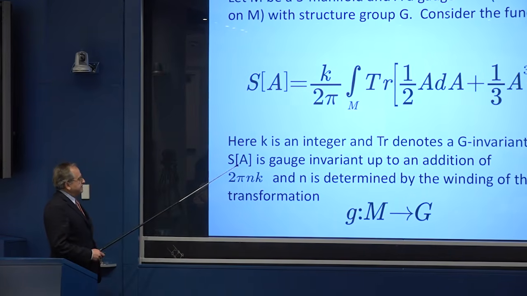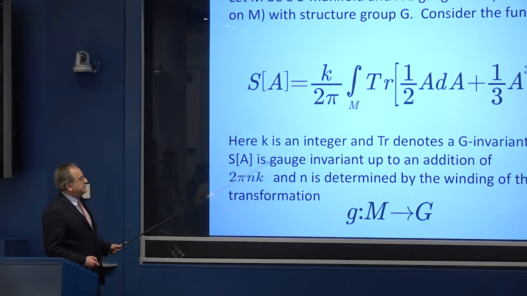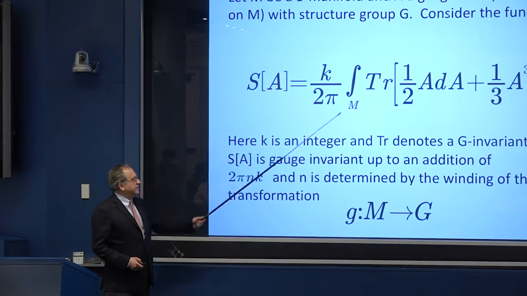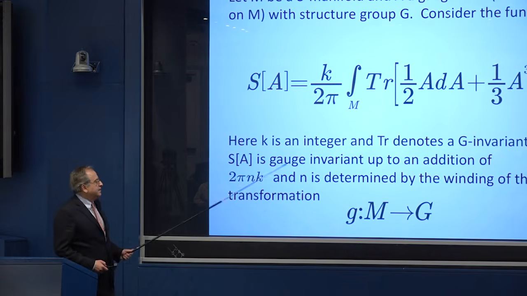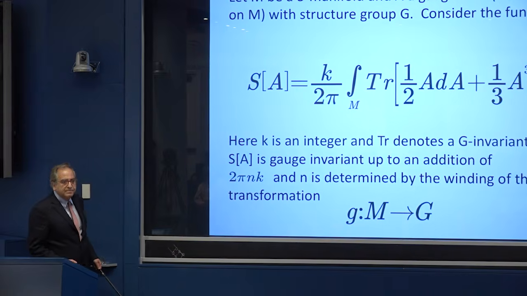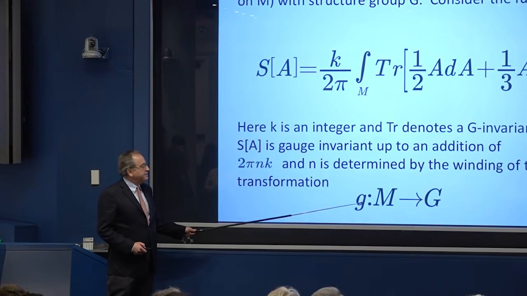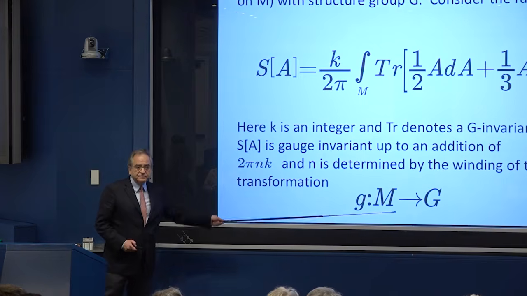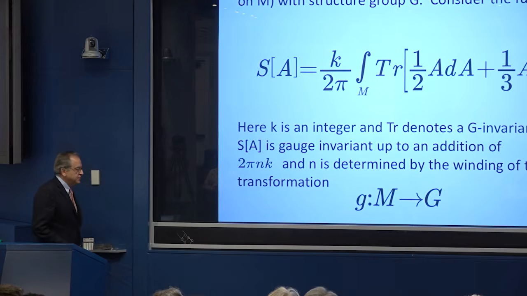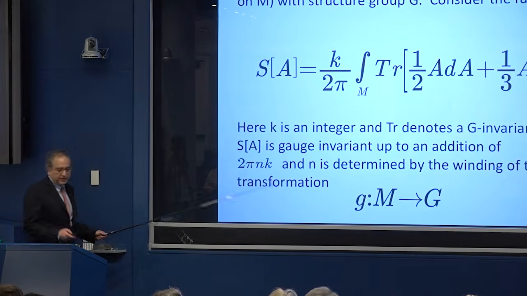And it turns out that, similar to what we just heard from Jim, this is well-defined and invariant under gauge transformations, except that it can change by integer multiples of 2 pi k. The integer depends on the gauge transformation, on the map from the manifold to the group. Depending on the class of this map, you pick up an integer times 2 pi k.